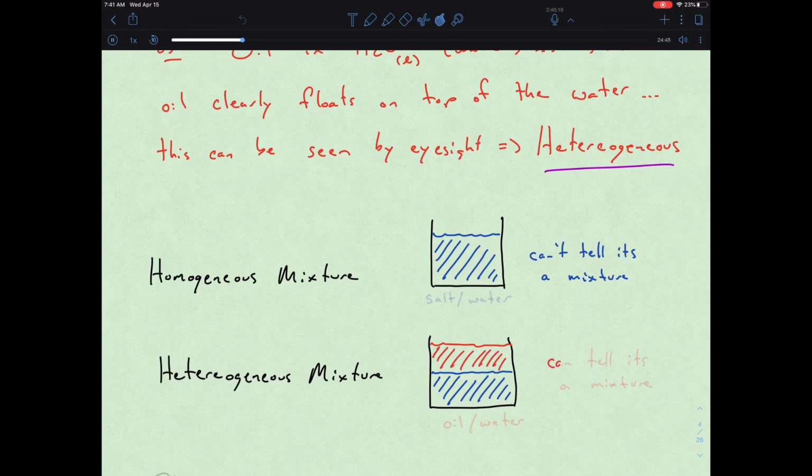And so we can tell it's a mixture. So this above would be our salt water example, and below would be our oil water example.